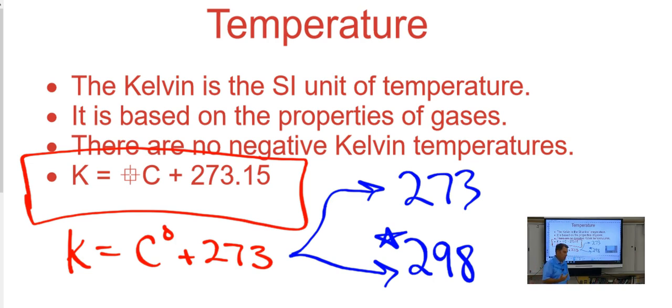Right now, in this room, it's a little over room temperature, I'll assume. But typically speaking, room temperature is 72 degrees, and we're at 76.6. 72 Fahrenheit is roughly 25 degrees Celsius, and 25 degrees Celsius is 298 Kelvin.